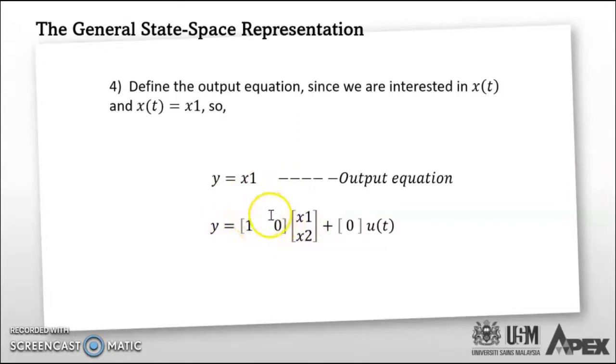So you write it as a 1 by 2 matrix times a 2 by 1 matrix, plus the input term. Since the output equation is just this one, this term is basically just 0.